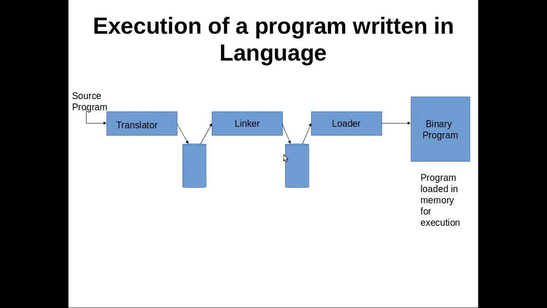Then after linking, if the main program size is increasing and we don't have enough space to increase, we have to relocate the entire main program into another available memory space. After relocation, the object program or the machine language program will be given to the loader. Loader will load the machine language program into the memory, prepare it for execution, and transfer the control to the first instruction to initiate the execution.